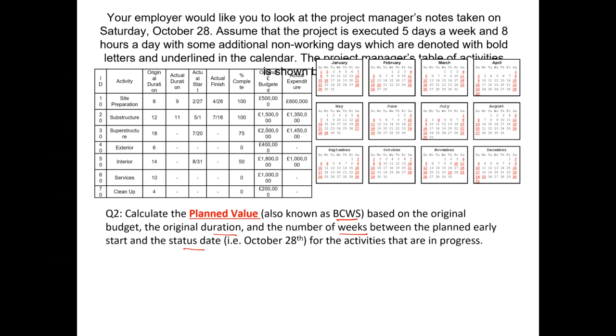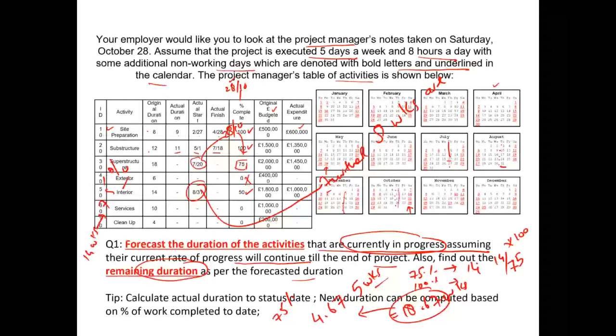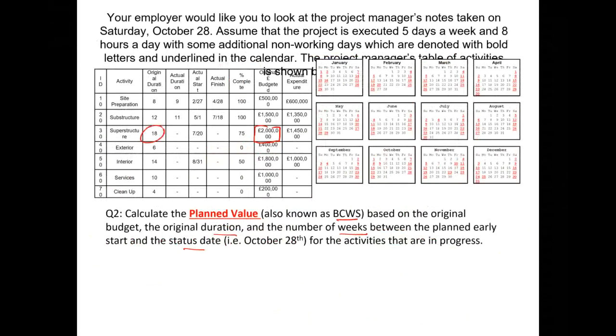So you can see that the total budget for this activity is £2 million, and you can also see the total duration of this activity is 18 weeks. So basically, over an 18-week period, we should have spent 2 million. That is the budget.